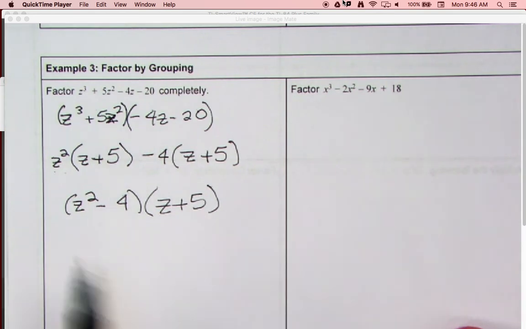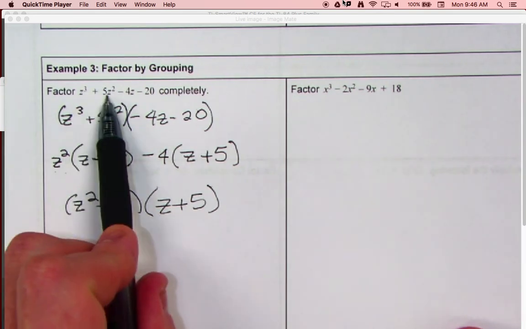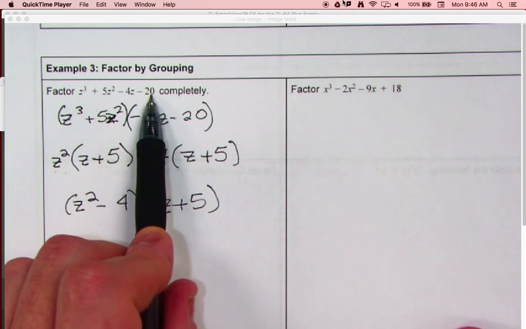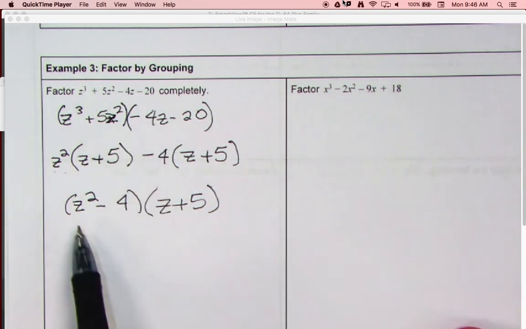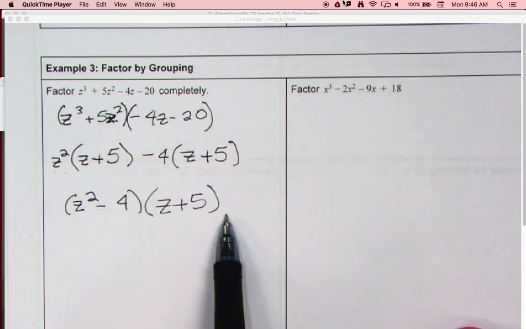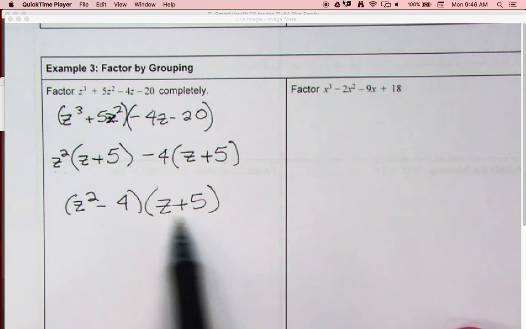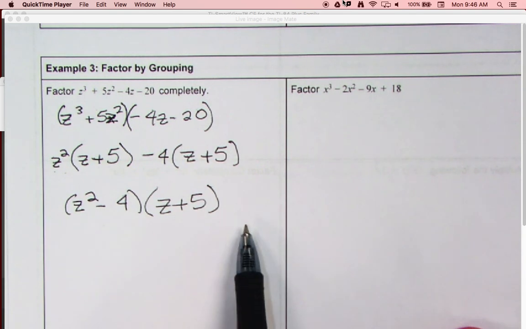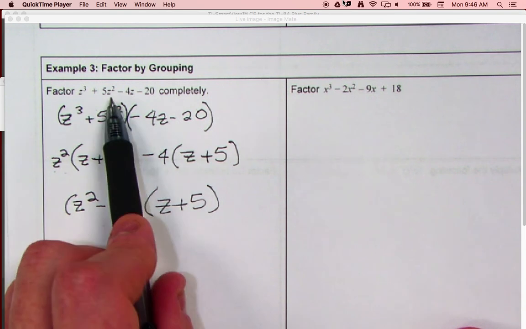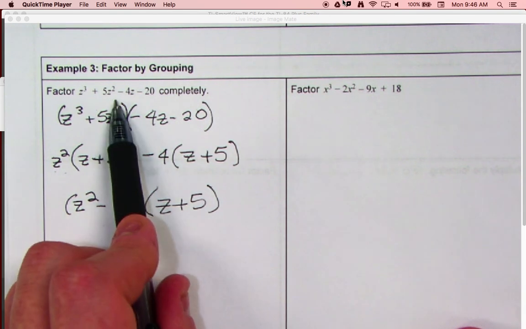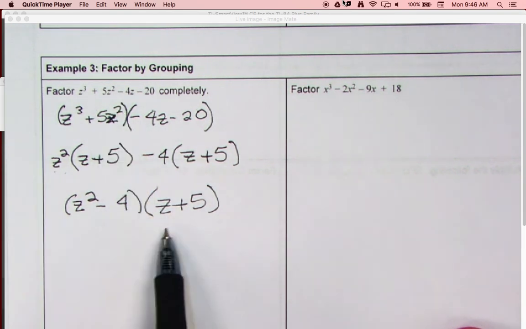So z to the third plus 5z squared minus 4z minus 20 will factor into this right here. In other words, if I were to take this right here, the z squared minus 4 times z plus 5, and I were to run it through magic squares, I'd get this up here. Okay? So that's the regrouping, or the factoring with four terms, factoring by grouping process.